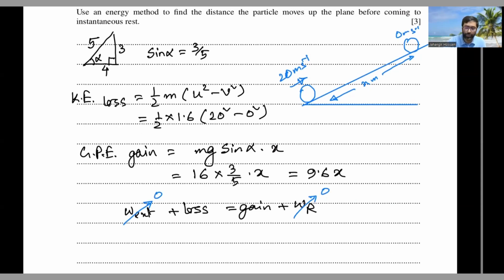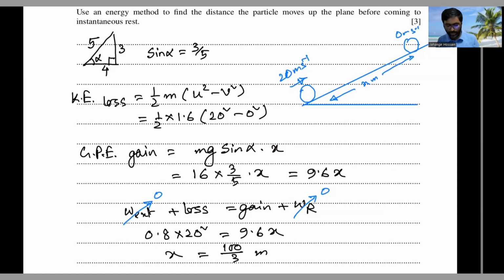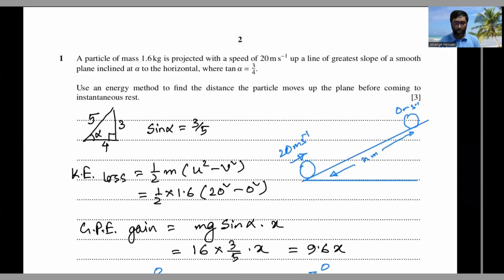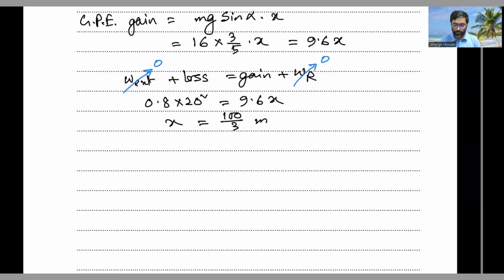We have the KE loss and GPE gain. KE loss is 0.8 into 20 squared. GPE gain is 9.6x. If you calculate this, you will have x equal to 100 by 3 meters. That's the distance the particle moves up the plane before coming to instantaneous rest. That's question 1. Now let's move on to the next question.